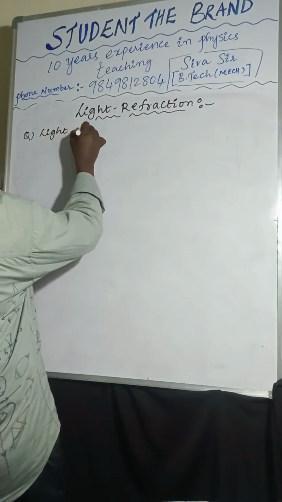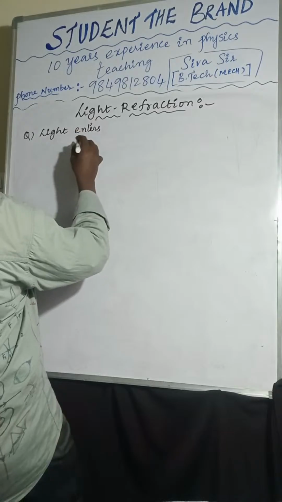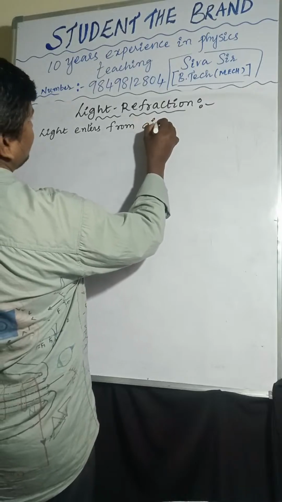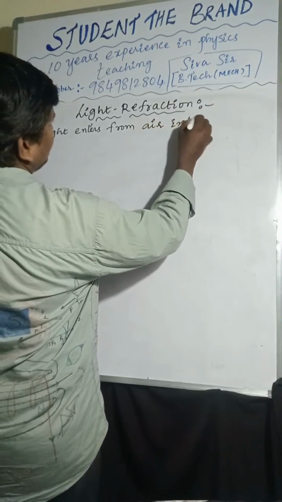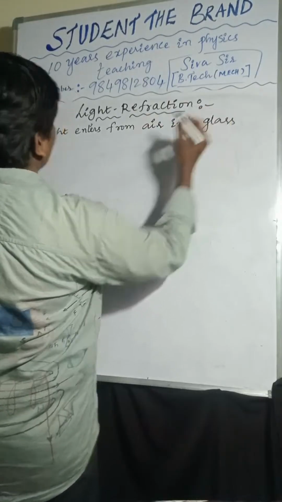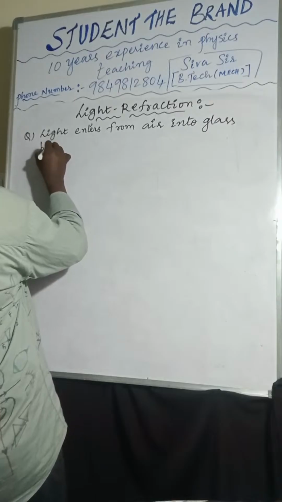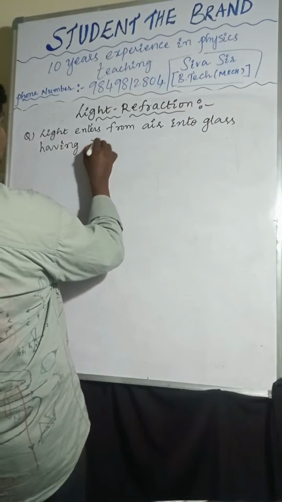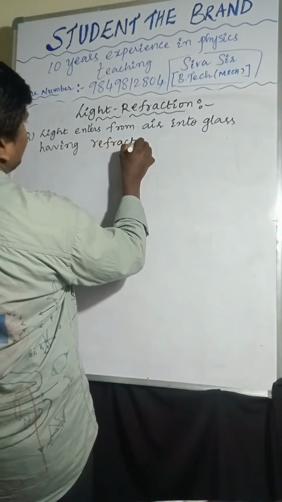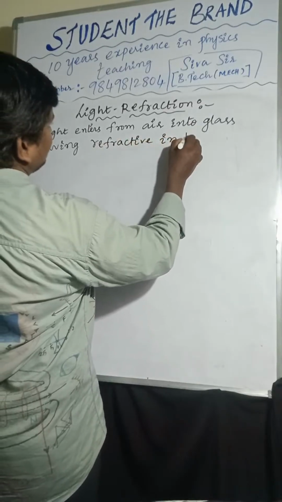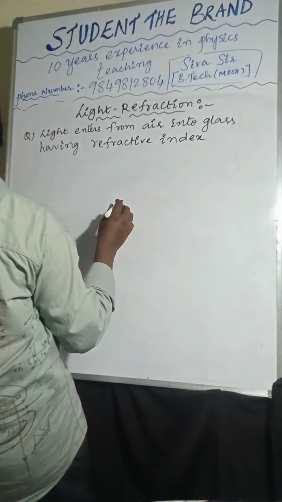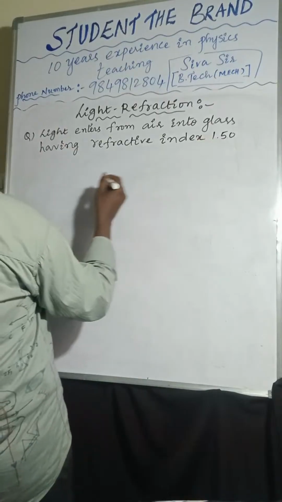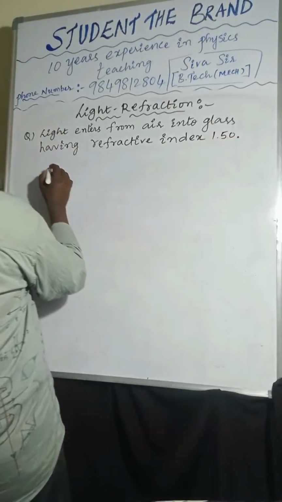Light enters from air into glass, having refractive index 1.50.